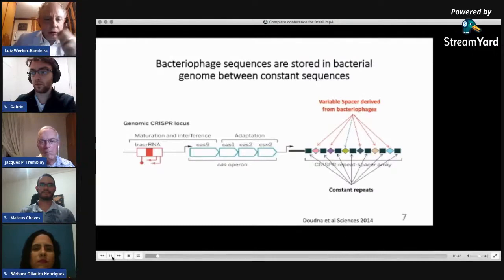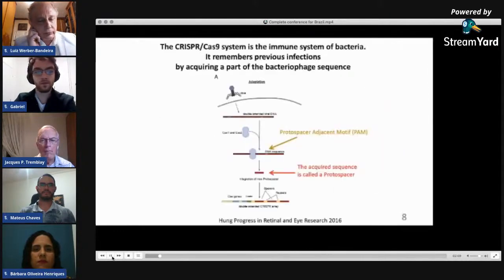It was initially discovered that there are in the genome of bacteria constant repeated sequences. Researchers were wondering what these repeated sequences were for, and then they discovered that the sequences between the constant repeats were sequences from the genome of various bacteriophage.